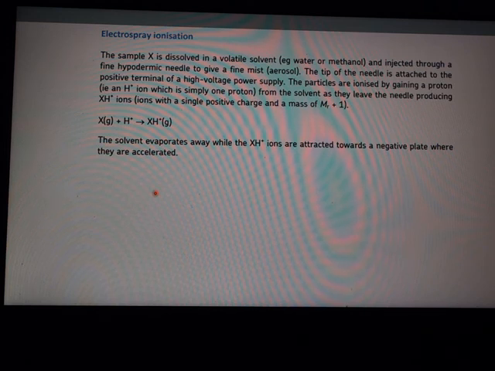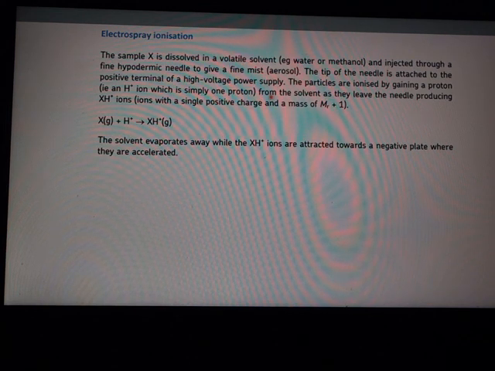And the tip of the needle is attached to the positive terminal of a high voltage power supply, so the particles are ionized by gaining a proton, H+. And that's obtained from the solvent. That's why they use water or methanol or ethanol, because these are called protic solvents.